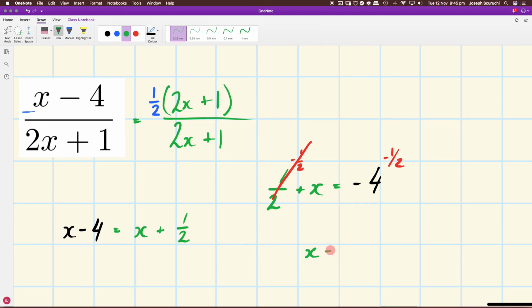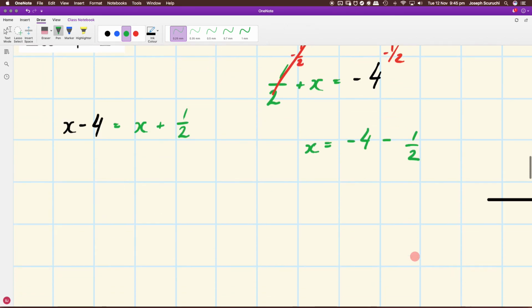Then we do x. This shows you the importance of making sure you are really rock solid with your ability to add and subtract fractions. Because if I was to really spell this out, I have negative 4 minus 1/2, which is the same as saying I need my same denominators. So I'm going to get negative 8 over 2 minus 1/2, which is going to be x equals negative 8 minus 1 is negative 9.